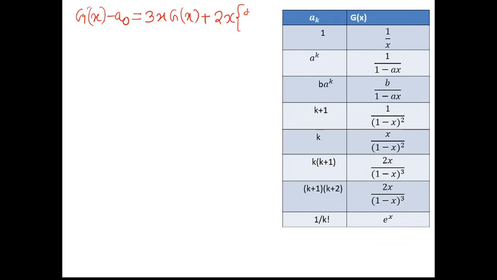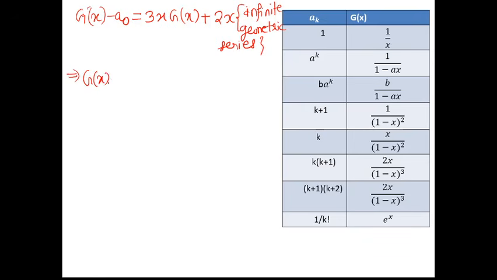This is an infinite geometric series. Now here we will substitute the value of a0.